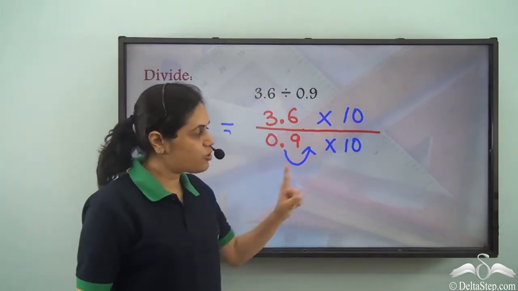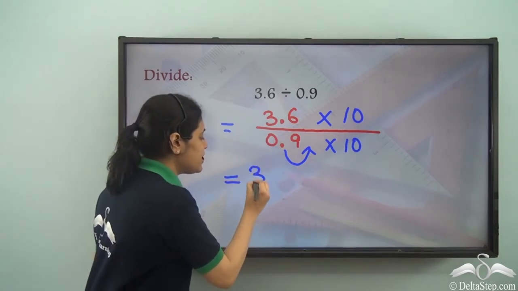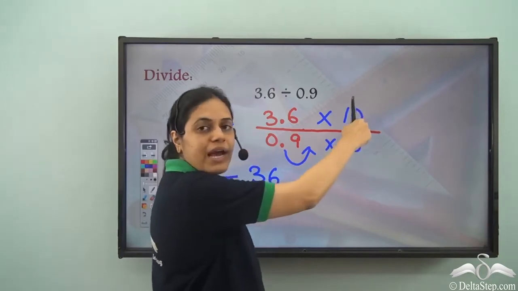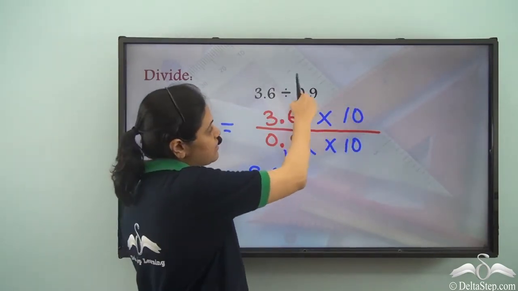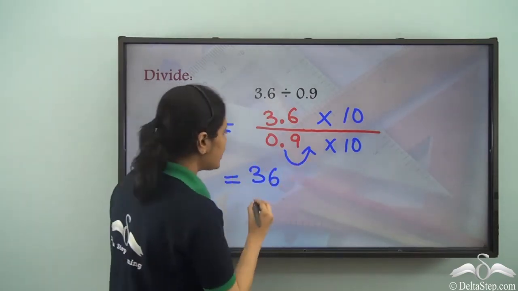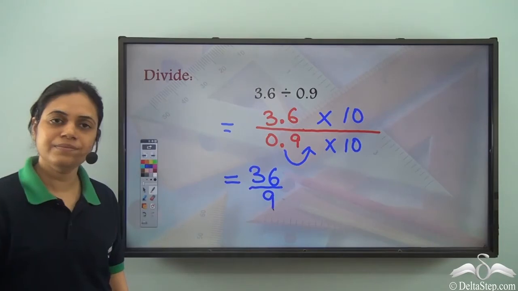So this is what it is. 3.6 into 10, 0.9 into 10. Now 3.6 into 10 is 36, because if I am multiplying by 10, the decimal point will shift to the right by one place. 0.9 into 10 is 9.